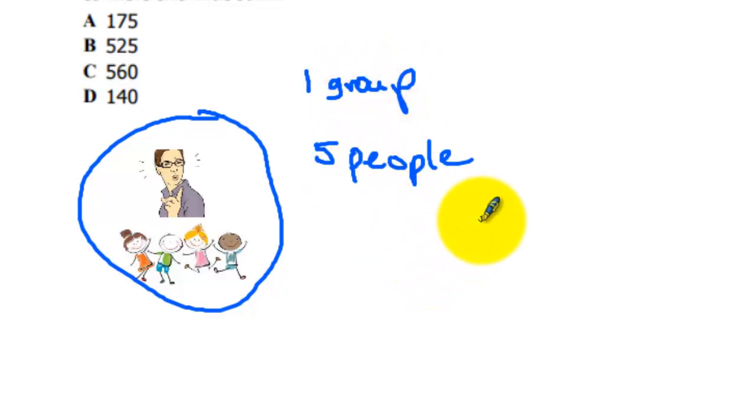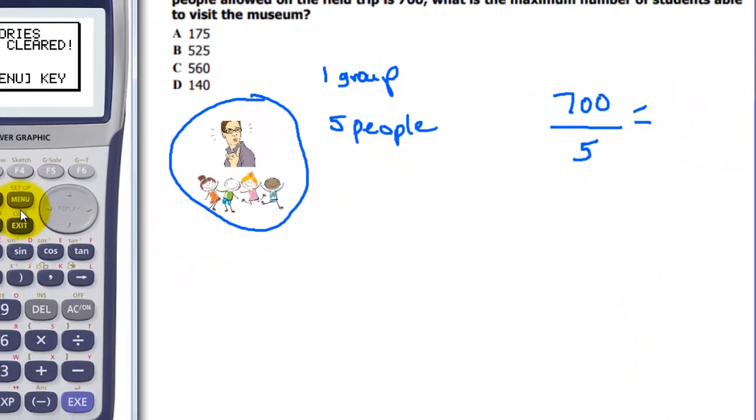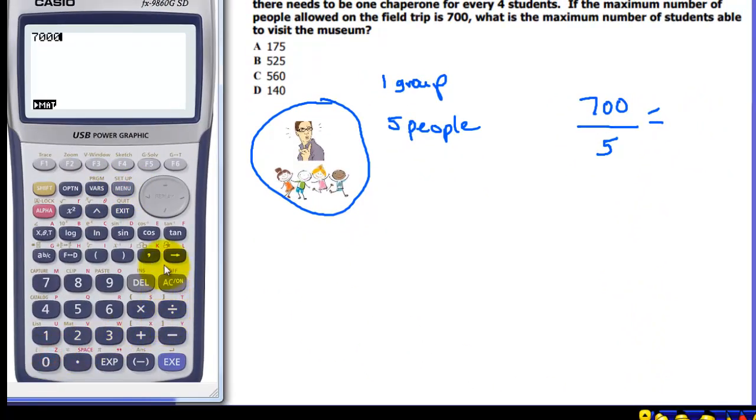So how many groups can be formed if the maximum number of people allowed on the field trip is 700? So per group we have 5 people, so we will divide 700 by 5 to identify the number of groups. So 700 divided by 5 will give us 140 groups.